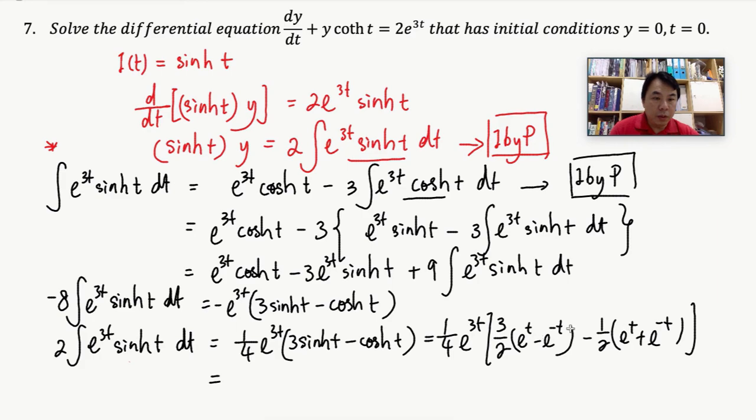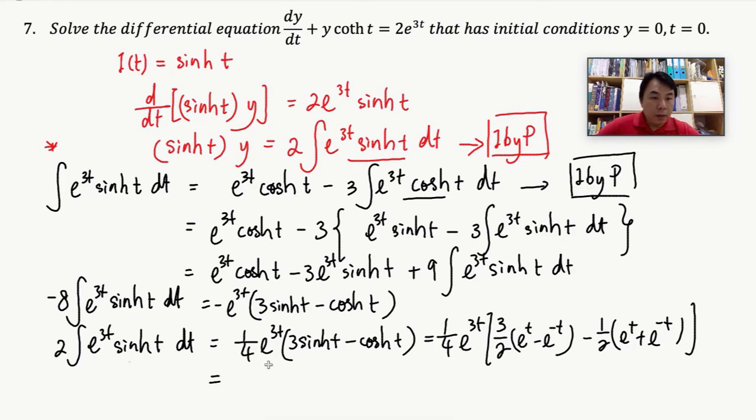So from here, if we simplify this, we will get an e^t, and then the other one, we will get a negative 2e^t. And then this part we will get an e^t.